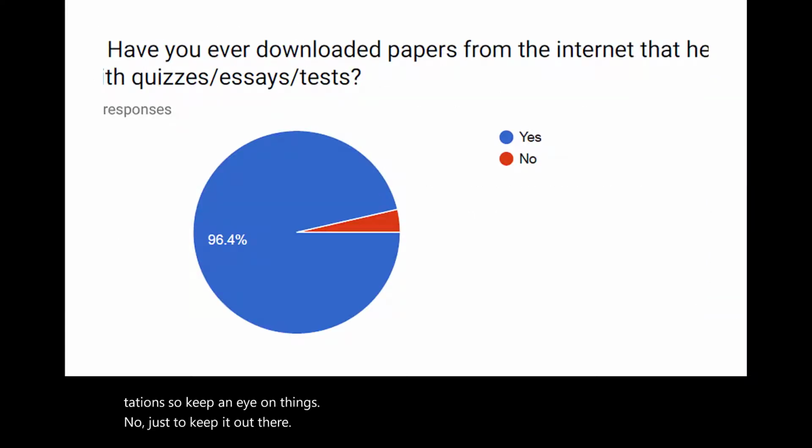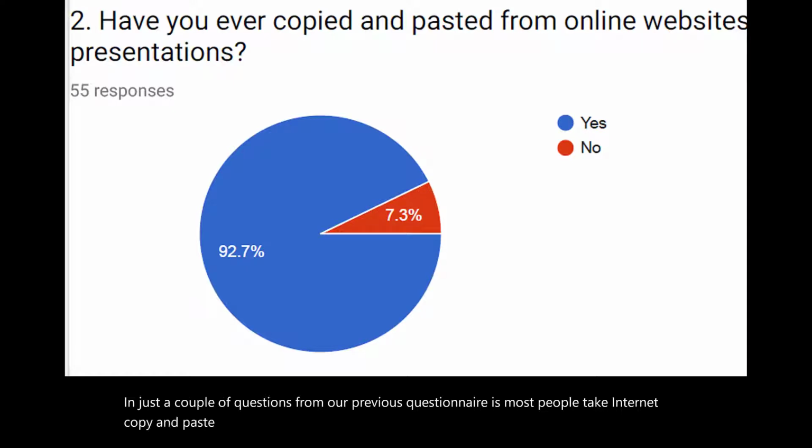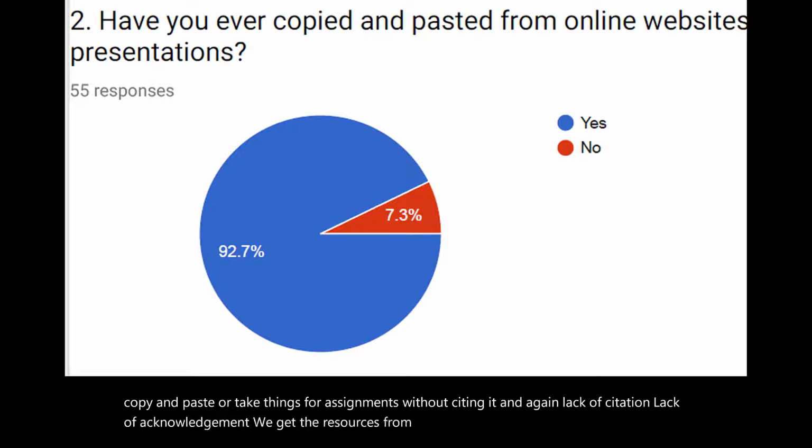Just a couple of questions from our previous questionnaire: most people take things from the internet, copy and paste, or take things for assignments without citing them. And again, lack of citation, lack of acknowledgement of where you get the resources from, is just as much plagiarism as it is cheating on an exam.